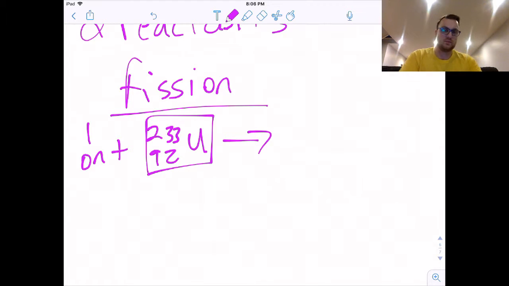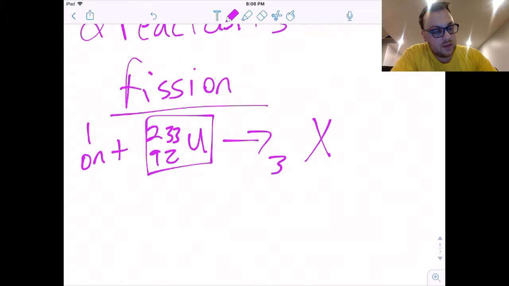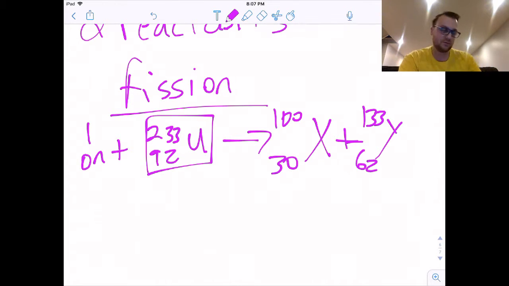An X of 30 that weighs 100, and a Y that's 62 and weighs 133. Something like that. You get the idea. When you have fission, you have two reactants, and that one big reactant is dividing, fission is division, into smaller atoms in the products.